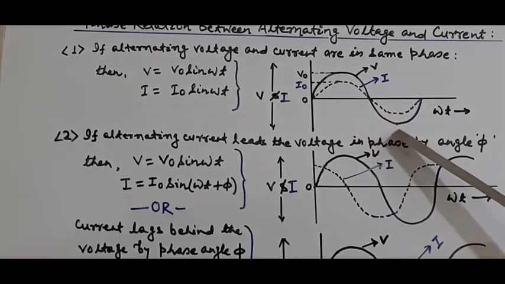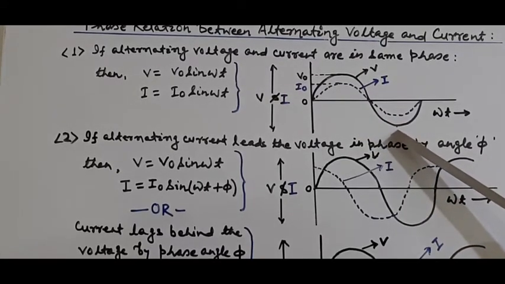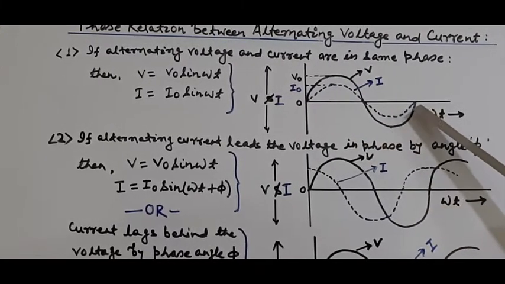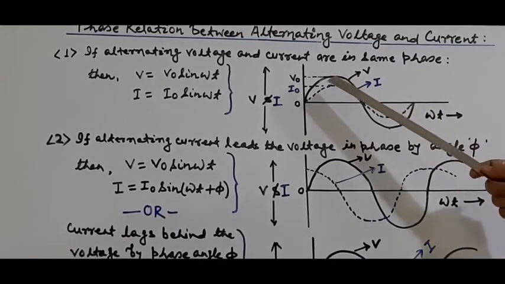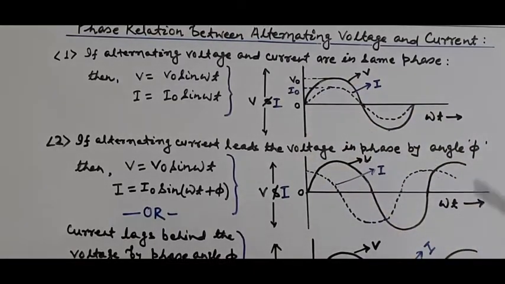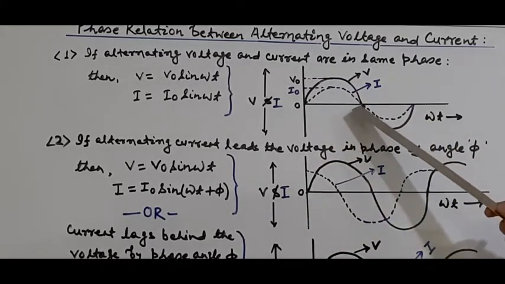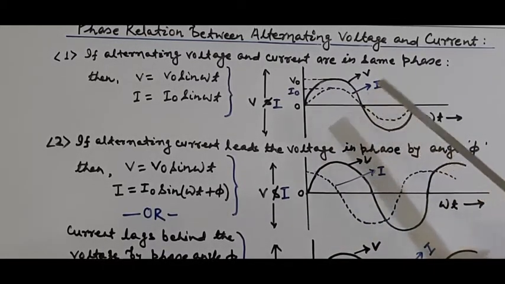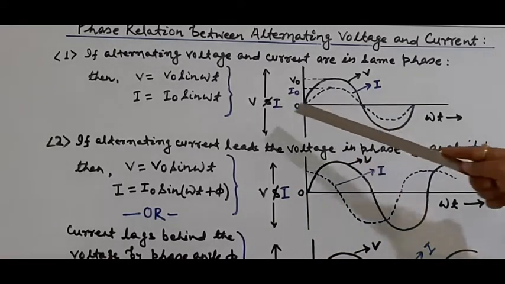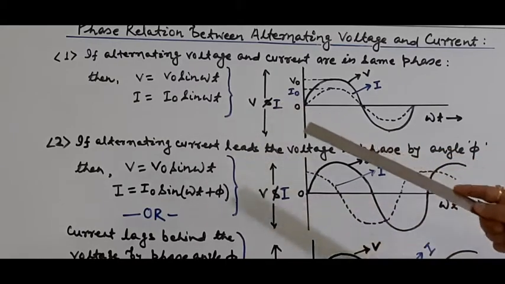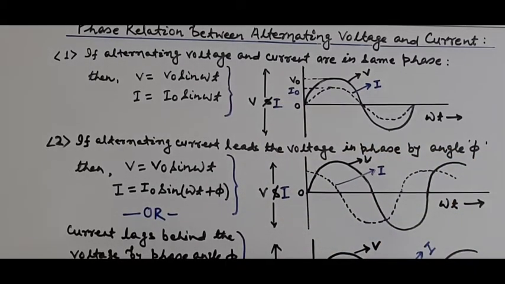Then again in the opposite direction, they reach maxima at the same time and come back to the reference line at the same time. It means both are in the same phase. So this graph shows that alternating voltage and current are in the same phase.